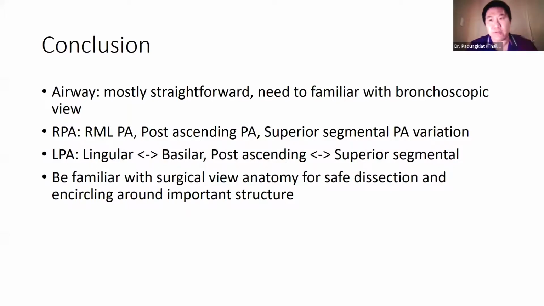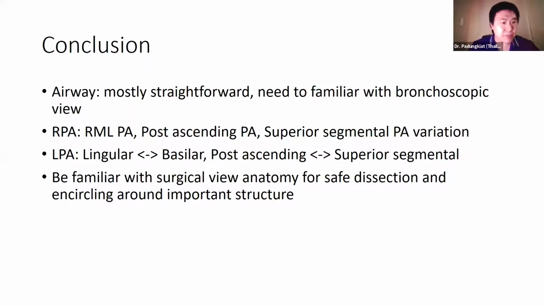There's not much anatomical variation, but you need to be familiar with the bronchoscopic view. On the right, for the PA, you have to be familiar with the right middle lobe, posterior ascending, and superior segmental PA variation. They stay close by, and they can arise from each other very easily.